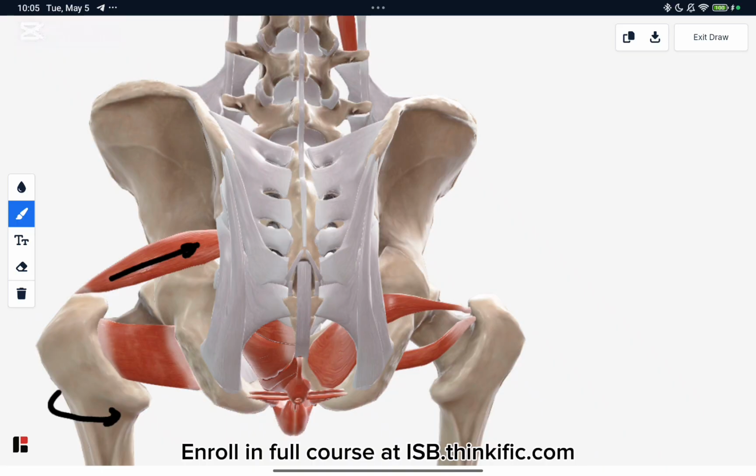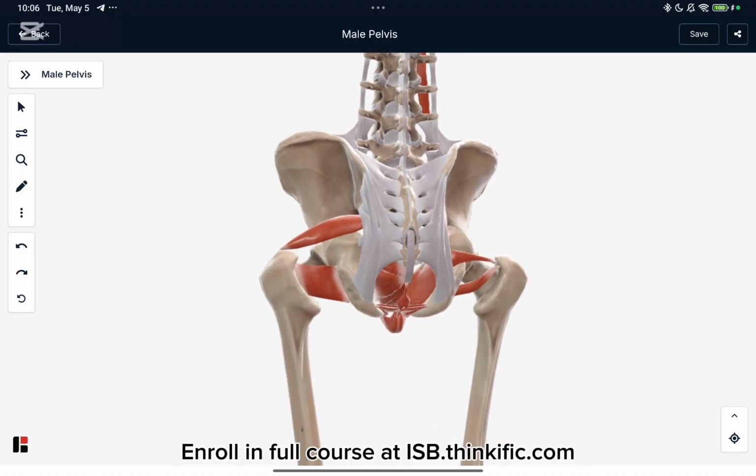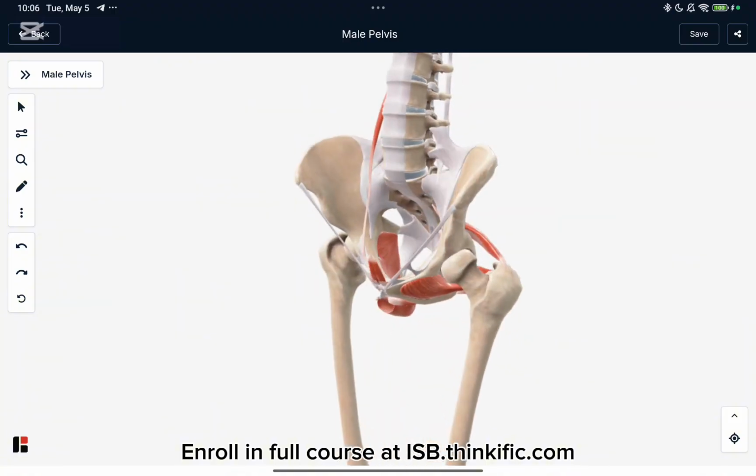Okay, very well. So we talked about the muscles that form the walls. Later I will tell you about the floor muscles. But for now, I want to talk in detail about the apertures of the pelvis and what kind of structures pass through these apertures. First, one simple one we already talked about.